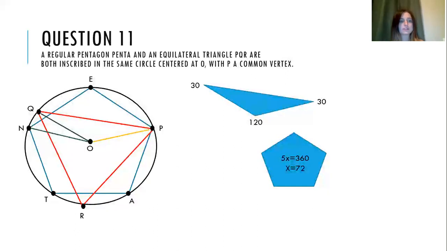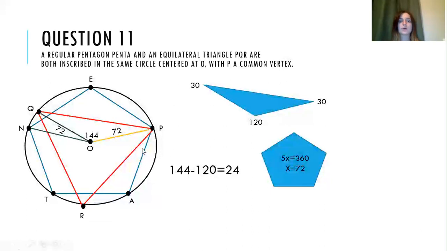So we would put 72 right here for this angle and right here for this angle, which equals 144. And then next we would do 144 for this angle right here minus 120, which is our obtuse angle in the triangle that we made, to figure out our angle NOQ, which is 24 degrees.